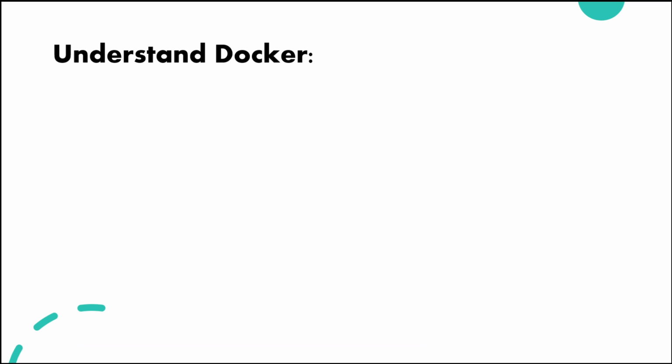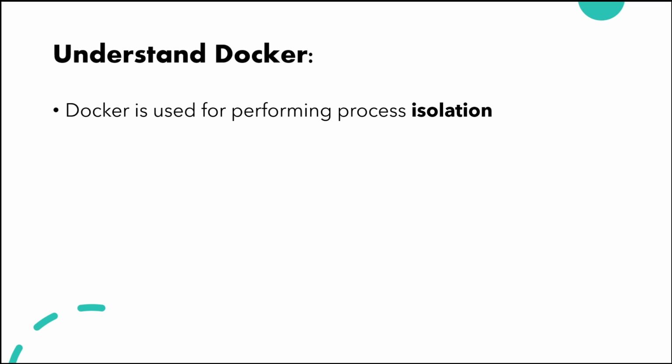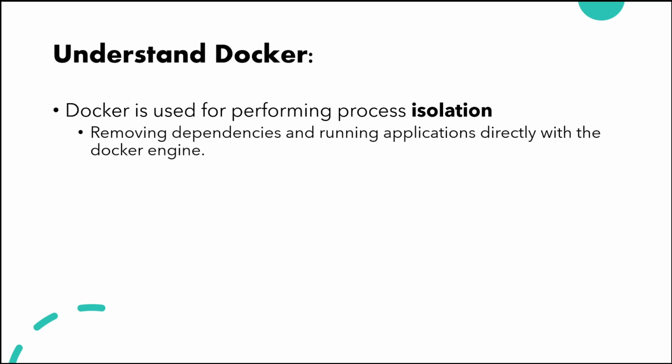Okay, so let's understand Docker in a very deep dive. Docker is used for performing process isolation. You may have the doubt about what process isolation is. Removing dependencies and running applications directly on the Docker engine itself is called process isolation. Process is nothing but your applications.